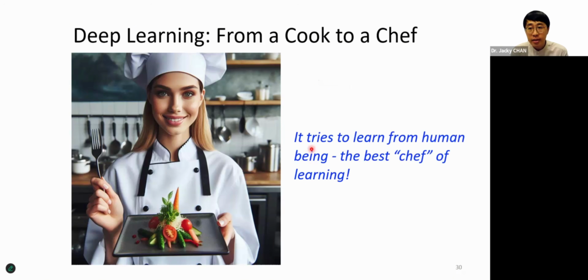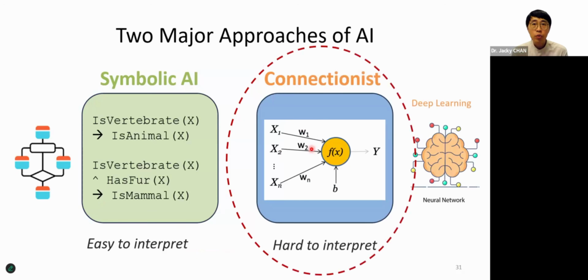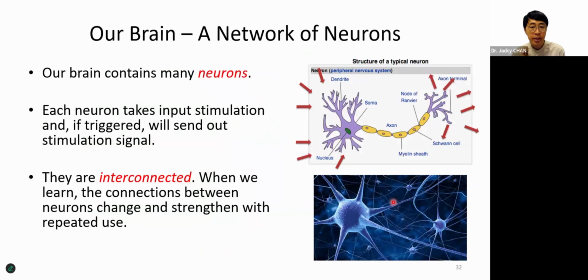Deep learning is often viewed as a move from just a code to being achieved because of this more advanced, very powerful approach. If you still remember in week 1, we have the slides, and deep learning follows the connectionist approach, which is inspired by how our human brain works.